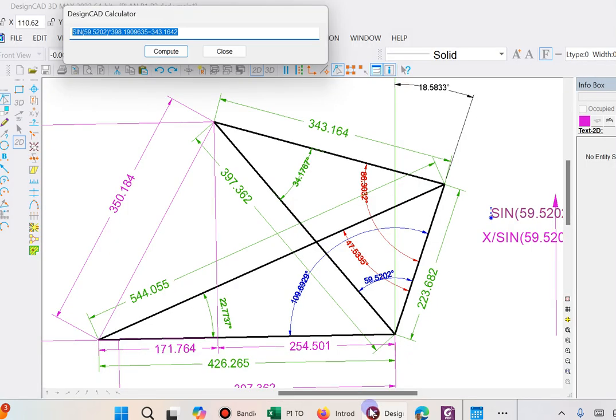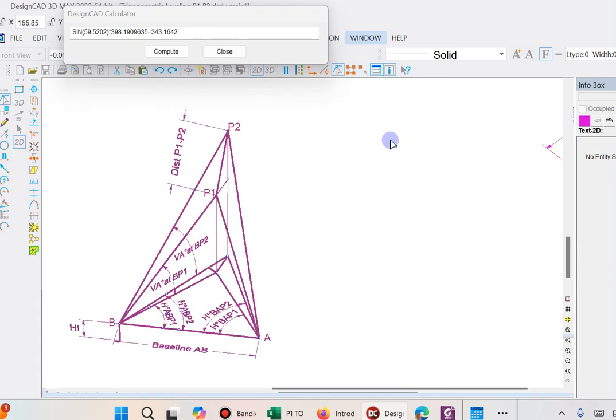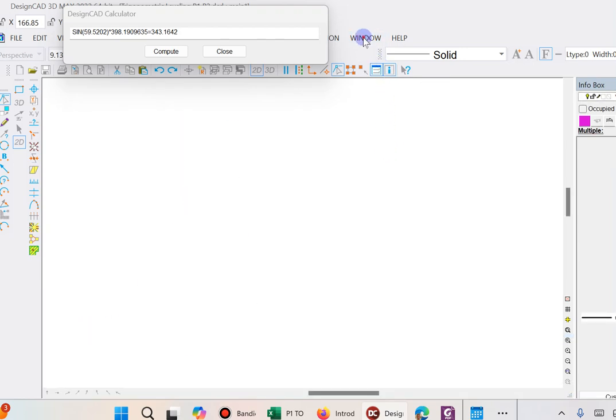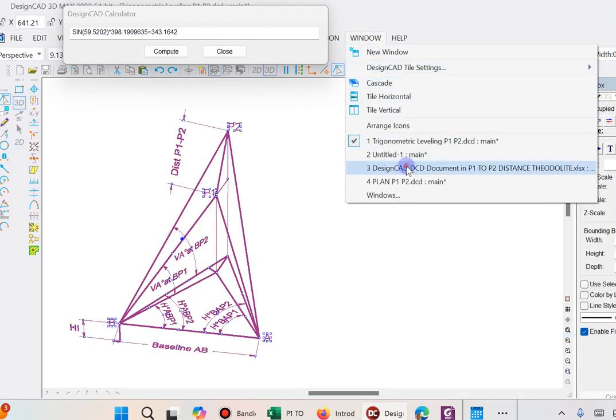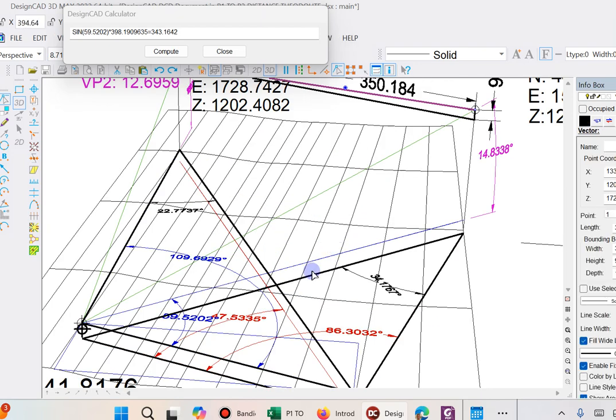All right, let's go back and turn on this window. All right, now you're starting to look at the 3D. So there's that horizontal distance, and it's just calculated with the 14.38. We're looking at this distance right here above the instrument.